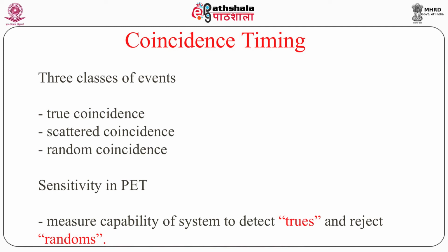That is our objective, because if an image is created from events which are scattered or random, the image will not be of good quality because it creates noise. So our main objective is how we can reject the scattered and random events which also take place beside the true events. The more true events, the better the image quality.